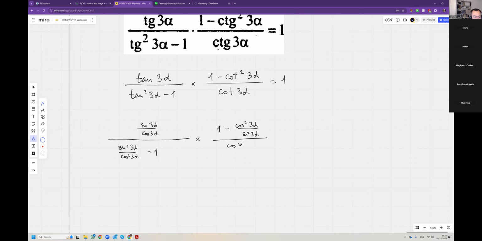Okay. So simplifying this bit, you multiply this by sine squared 3 alpha. So this is going to be sine 3 alpha divided by cos 3 alpha.